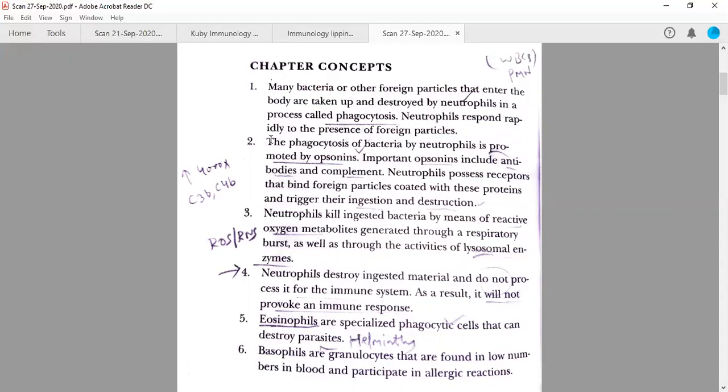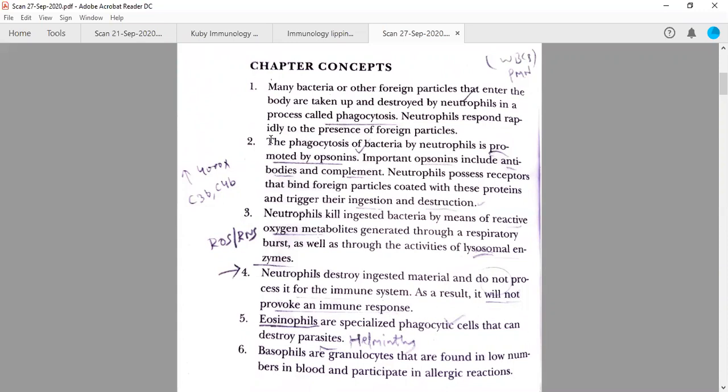The phagocytosis of bacteria by neutrophils is promoted by some opsonins. Opsonins are proteins which will coat the bacterial cell or microbial cells, right? Because the neutrophils and the microbial cell both have a negative charge, they will repel each other.